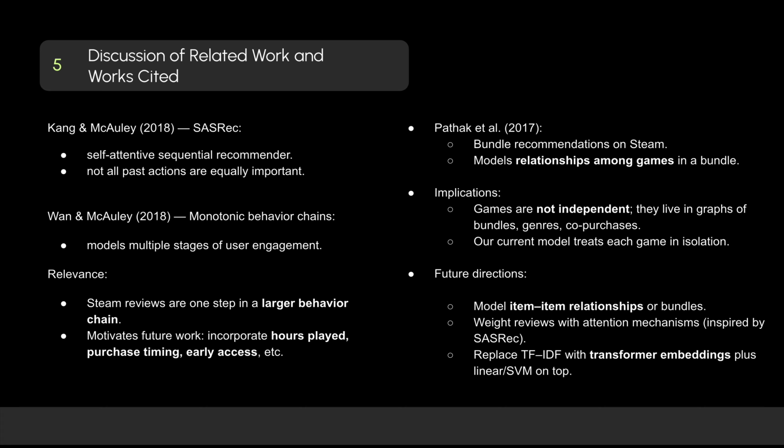And so a future direction using that could definitely be using those embeddings from the bundles to account for relationships between different games and sentiment. And yeah, in general, those papers kind of talked about weighting reviews through attention, integrating some implicit behavior signals, modeling more relationships between items, like with bundles, and in general, just using more expressive neural embedding models.